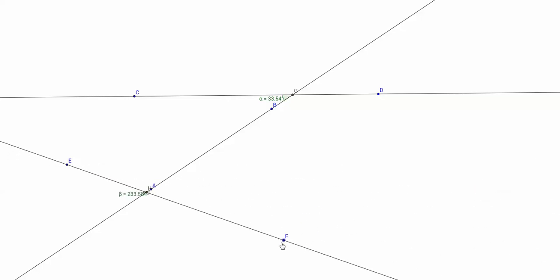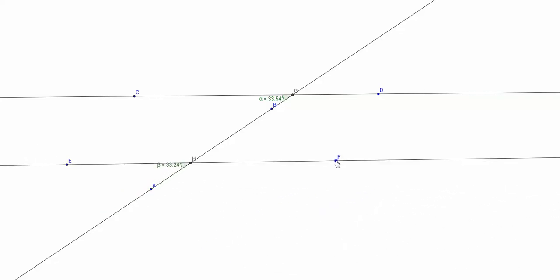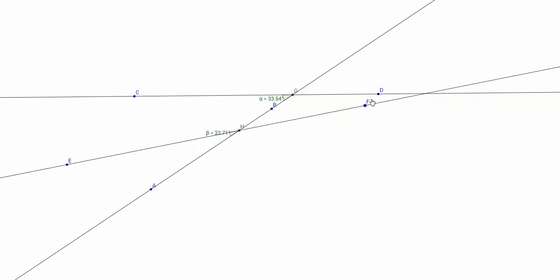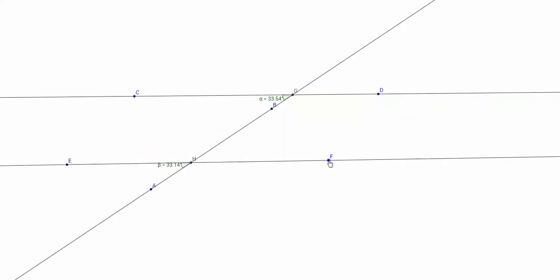Okay, so I see if I go this way, it gets much bigger, and I don't want that to happen. In fact, if I go past A, it gets all messed up, so let's not do that. Okay, but if I go this way, it gets smaller, but that's too small. So let's find a happy medium. Let's find 33.54. So I got 33.14, which is really close.